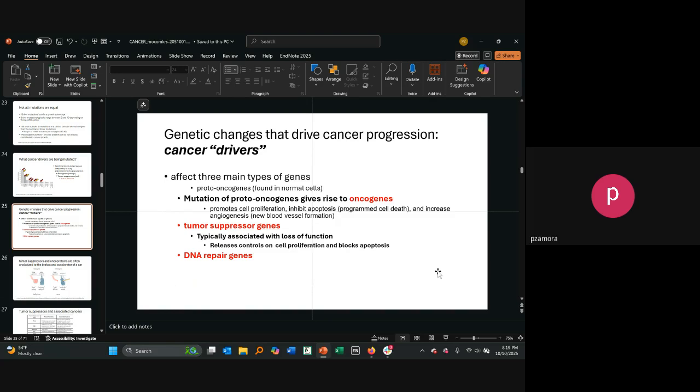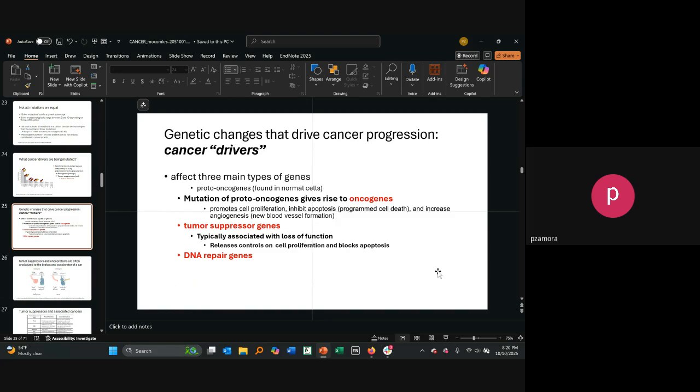Tumor suppressor genes, on the other hand, are typically associated with a loss of function. When a tumor suppressor gene is mutated, that protein loses its ability to function. And that is important because it releases control on things like cell proliferation. And it also, on the other hand, blocks apoptosis.